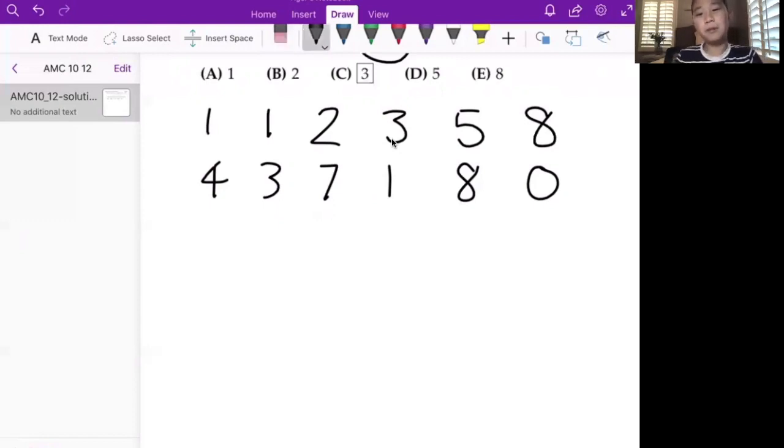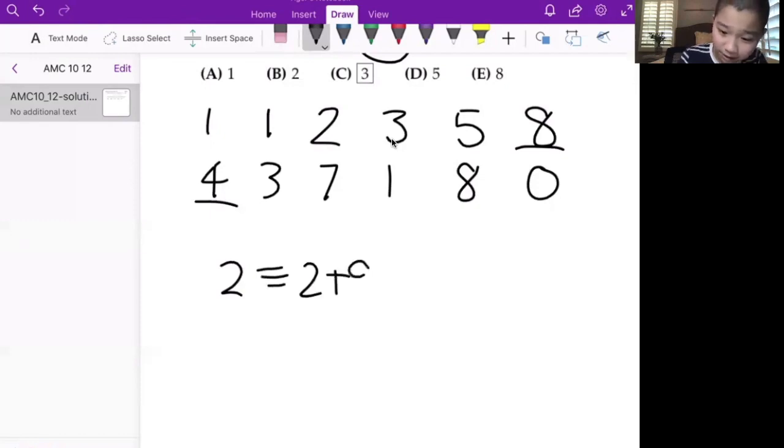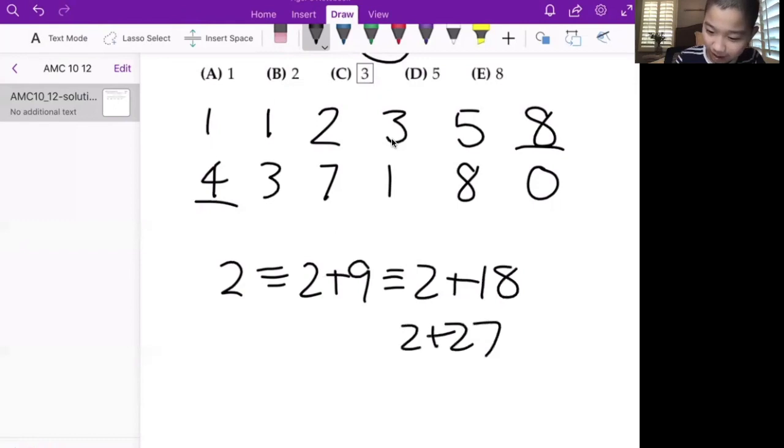But the problem is, what about 8 plus 4? That's not equal to 3. But remember, we're working in divisibility by 9, or mod 9. So in mod 9, something like 2 would be congruent to 2 plus 9, or 2 plus 18, or 2 plus 27.